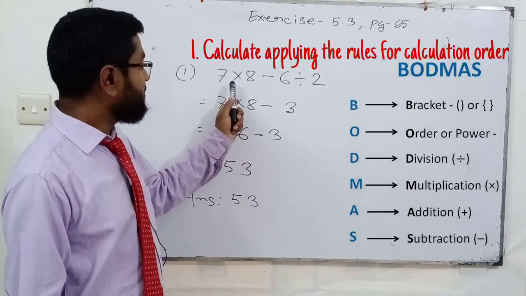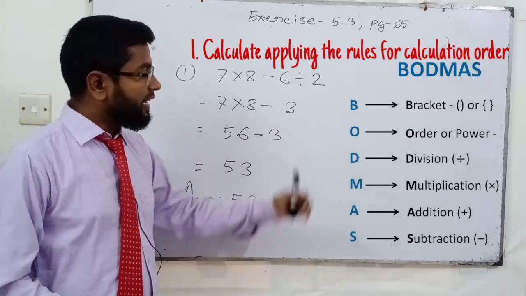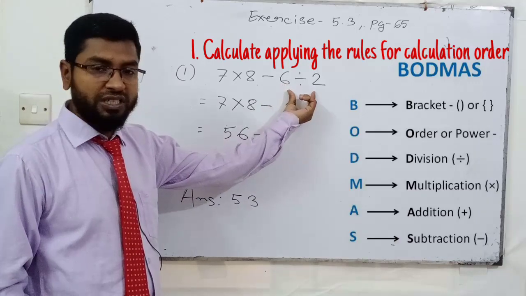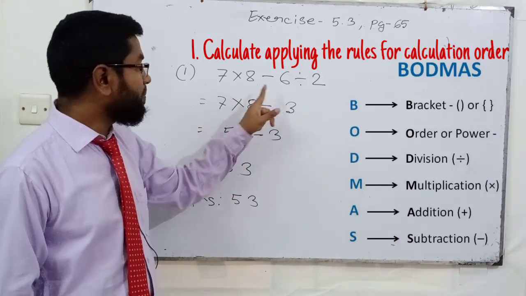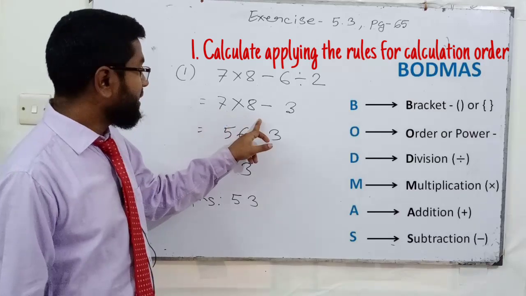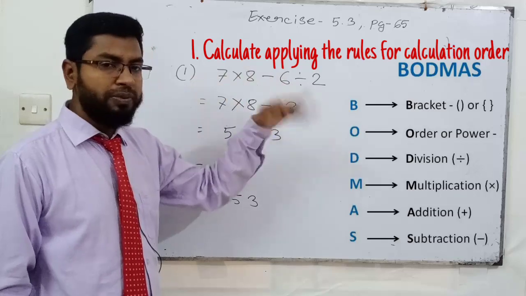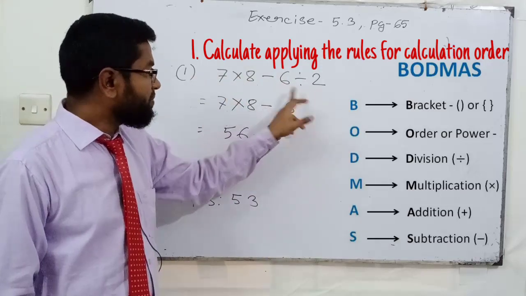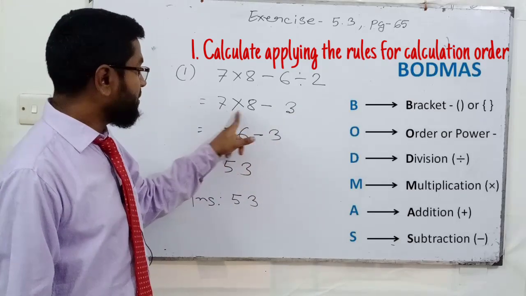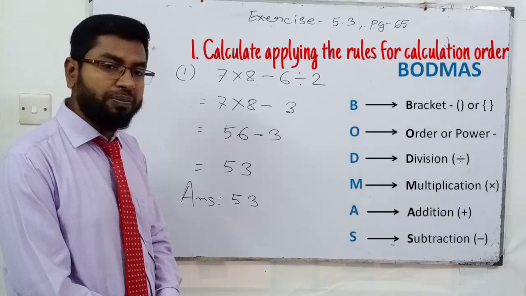We have observed there are 1, 2, 3 operations. With the calculation order, we have to solve division first, and these 2 operations we will write the same way. 7 multiply 8, then the subtraction sign, then this part will be removed. Instead of this part there will be 3. Now there are 2 operations.